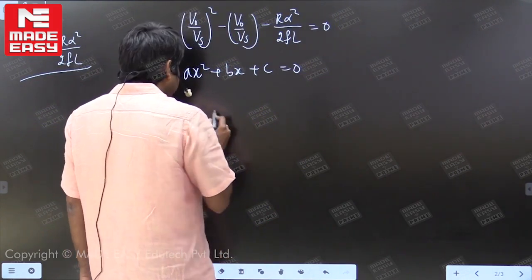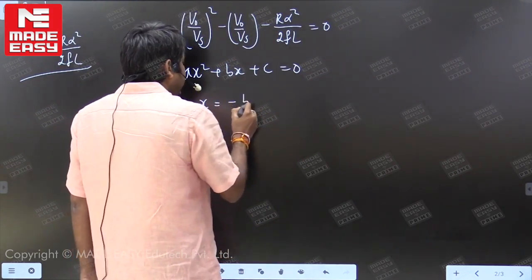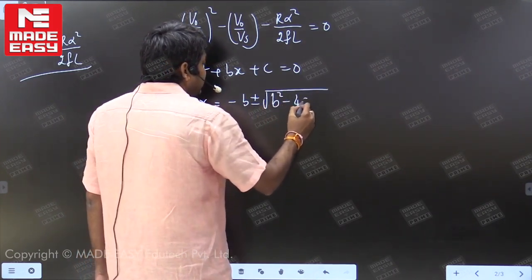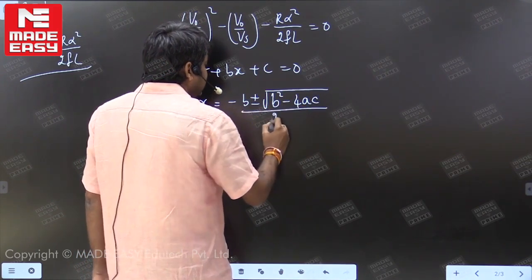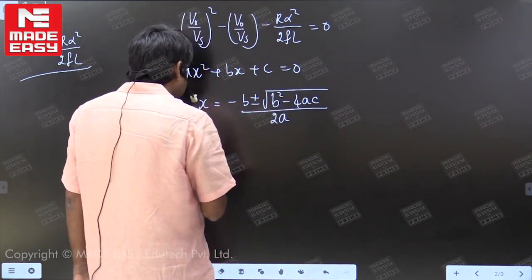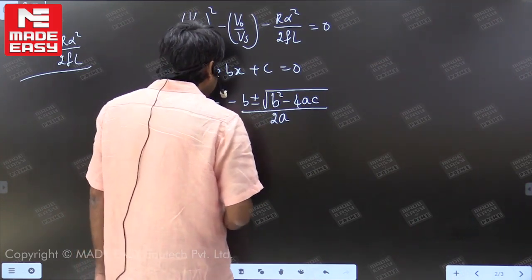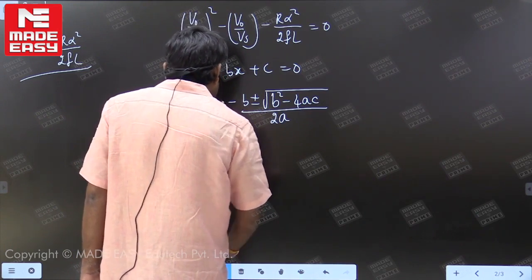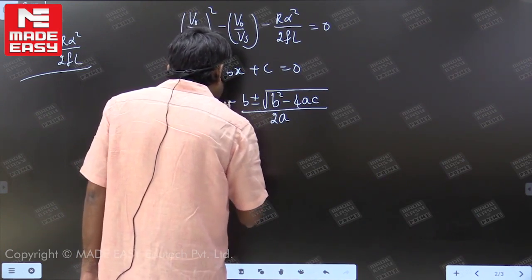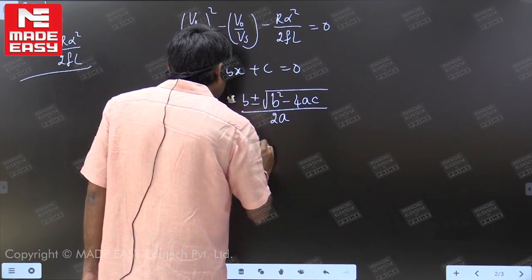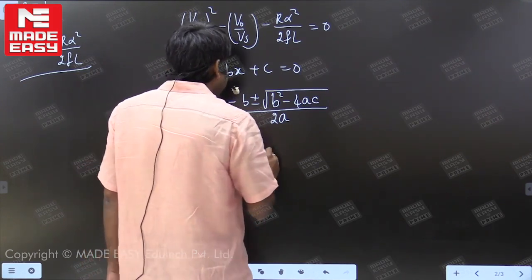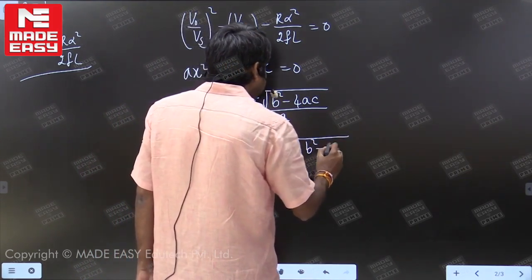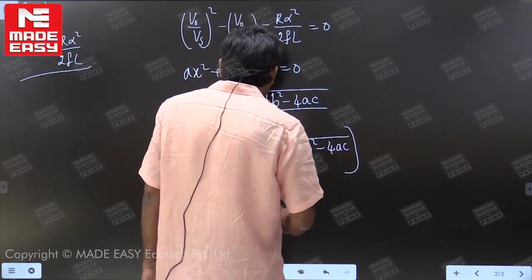So what is the value of x? X is equal to minus b plus or minus square root of b square minus 4ac, by 2a. So x is equal to 1 by 2a into minus b plus or minus square root of b square minus 4ac.